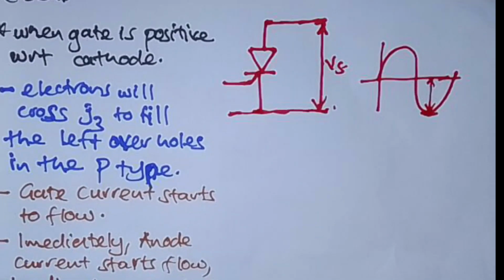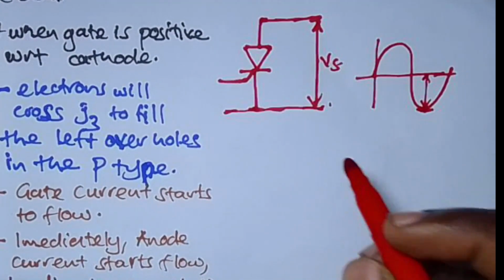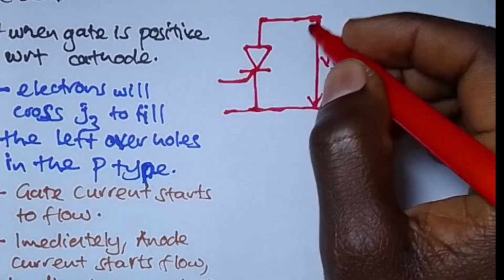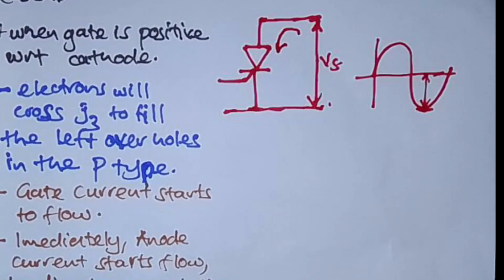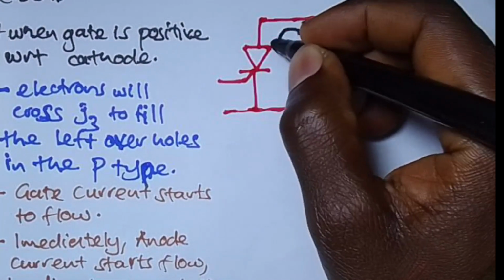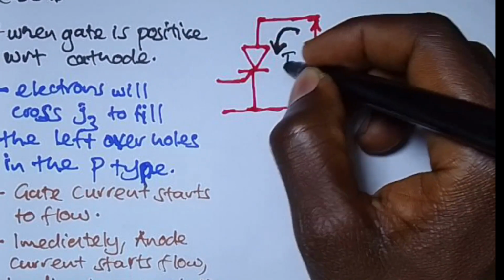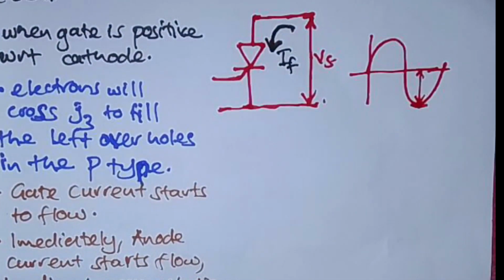For example, when an SCR is on a circuit like that, there's a current that is flowing through the anode, and this current flowing through the anode is the forward current.